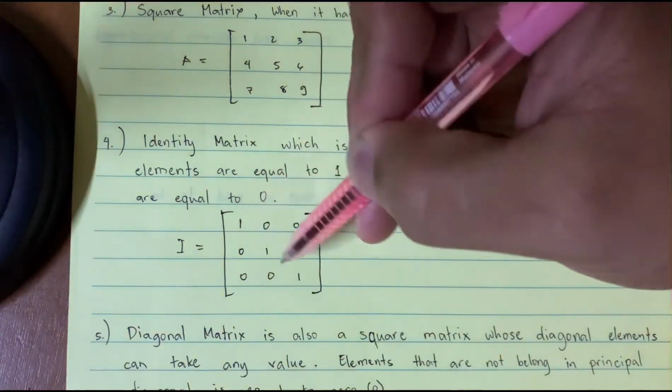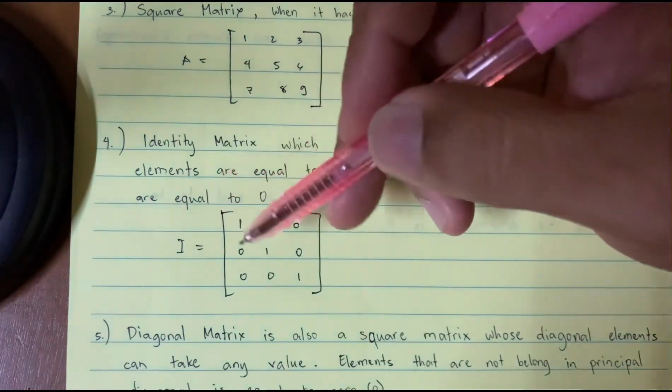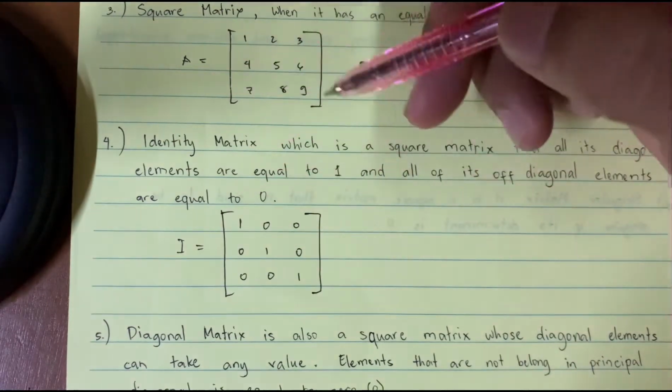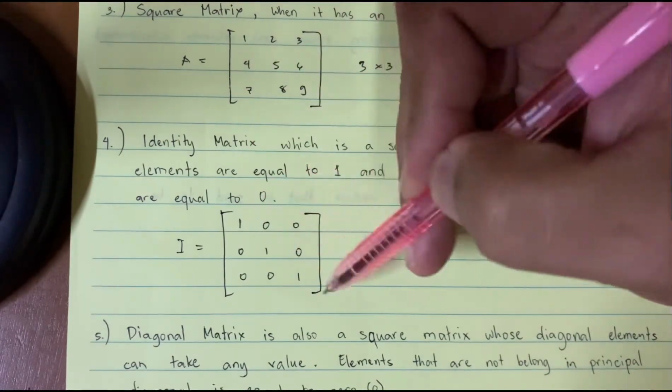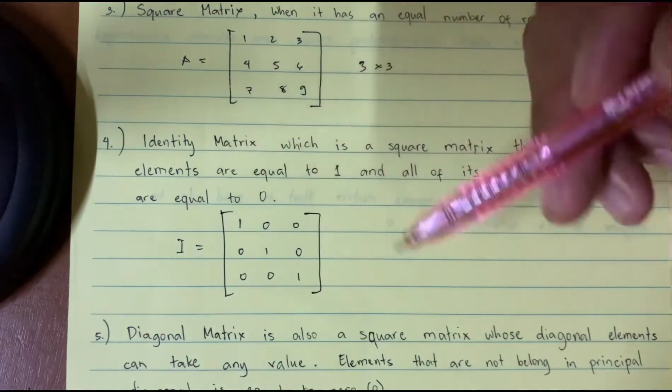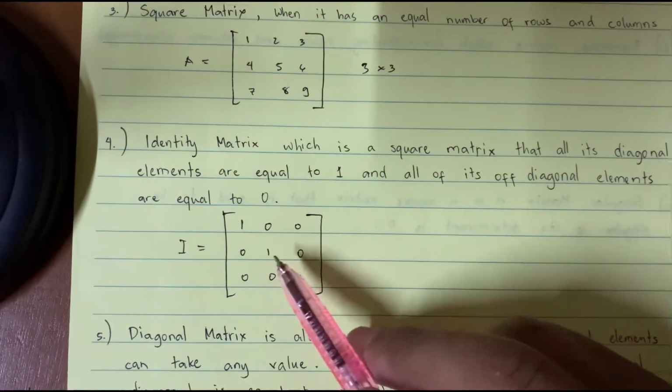Yung diagonal daw ng identity matrix ay equal to 1 ito. And yung off-diagonal naman is equal to 0.